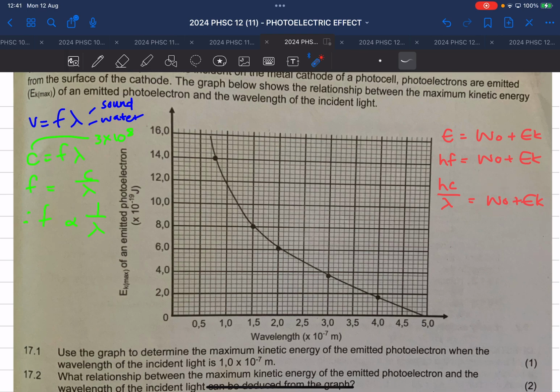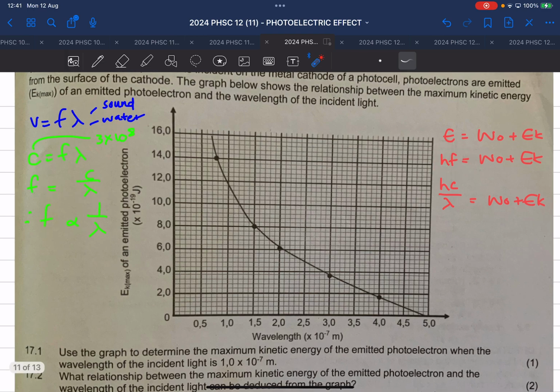Okay, so can you see that instead of writing this, you can write this that we've used a few times. Instead of writing that, remember frequency is equal to c over lambda. So c over lambda. Also on your data sheet. Okay, so what we can see from here, because we are comparing kinetic energy with wavelength.